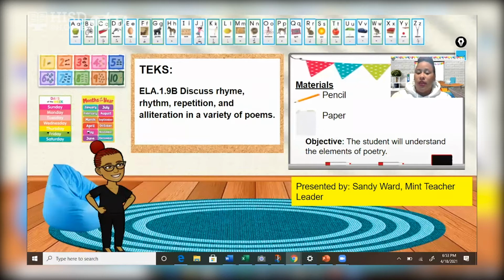If you joined in with us last week, you saw that we started our unit on poetry. This week, we will continue talking about poetry and the different elements of poetry. Let's jump into today's lesson.